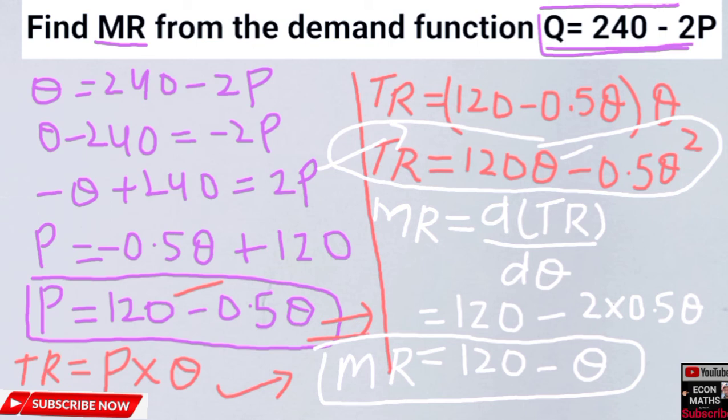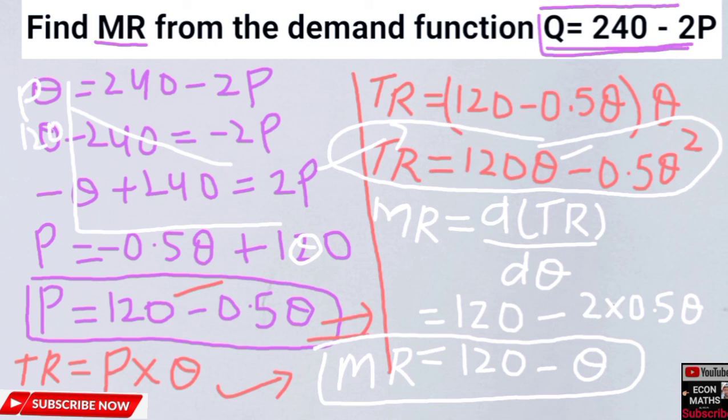Now one thing we can also see here is that if we graph the inverse demand function, that is P is equal to 120 minus 0.5 Q, let us say we have the quantity axis and this is our price axis. If we graph this out, then that inverse demand function would have the intercept of 120.